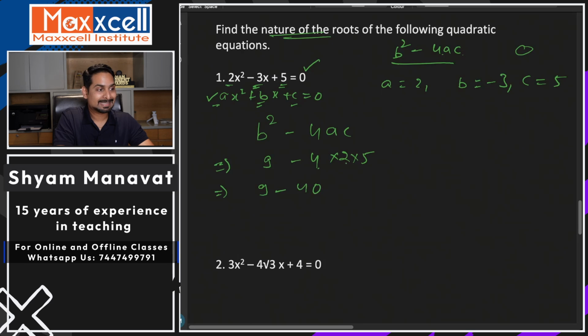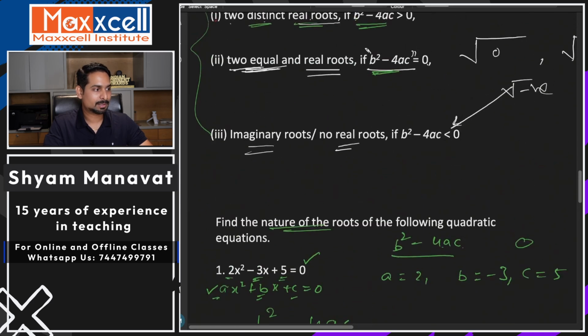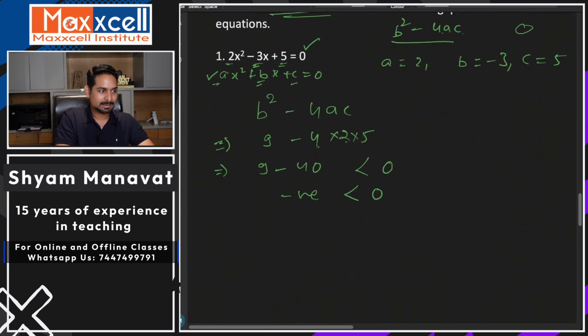This is negative, which is less than 0. And less than 0 means the nature of roots for this particular equation will be imaginary or no real roots.